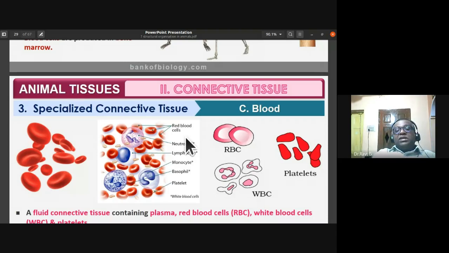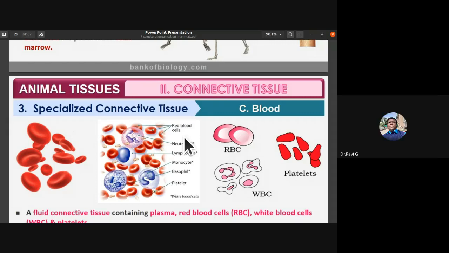The agranular WBCs are monocytes and lymphocytes. The monocytes are the largest cells, and you can remember that. Neutrophils make up nearly 60 to 65% of the total WBC. So remember that also.